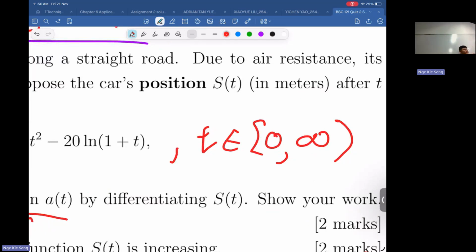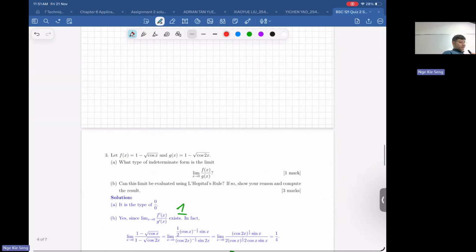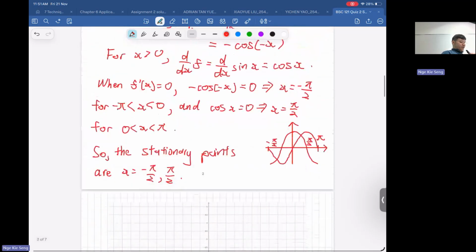I thought that an endpoint is not a critical point, because there is nothing left on this side. But the critical points here will give you the absolute extreme values.